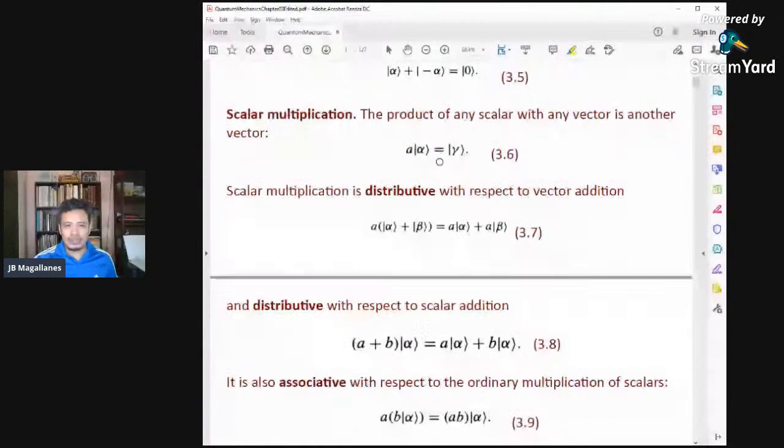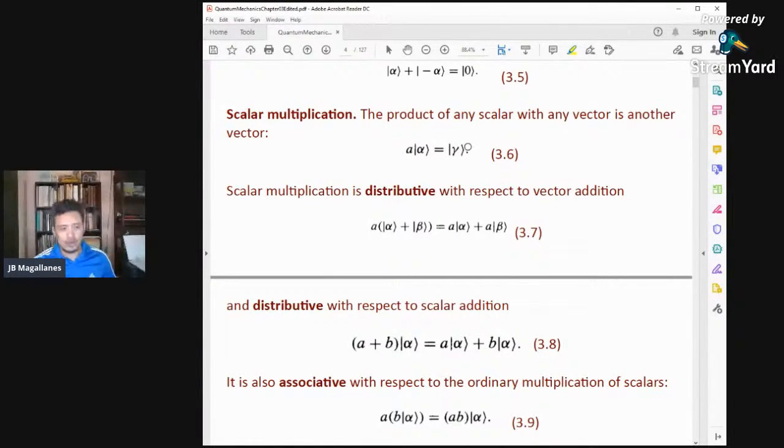So there's also a scalar multiplication to the vector. If you have a vector alpha, you multiply it with a scalar, then it gives you another vector of norm.